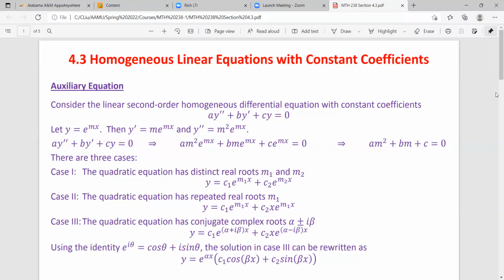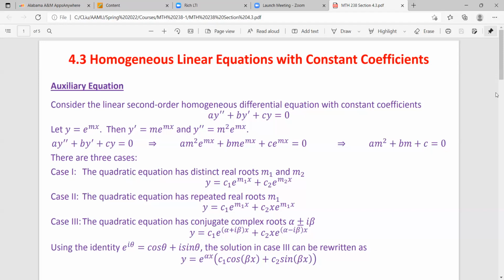What it means by homogeneous, again, is the right-hand side of the equation is 0. So the general form of the second order linear homogeneous differential equation will be ay'' + by' + cy = 0, where a, b, c are constants. So we talk about equations with constant coefficients.